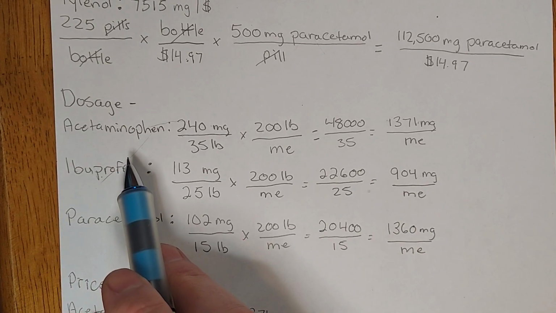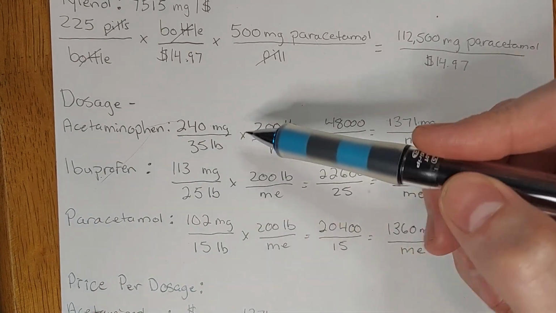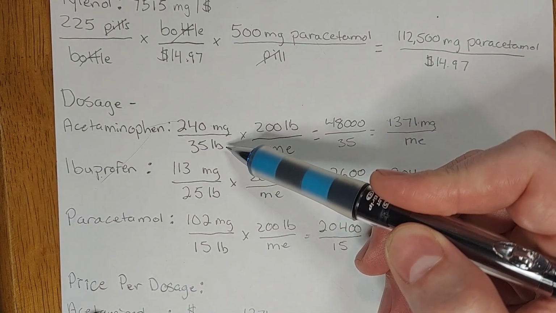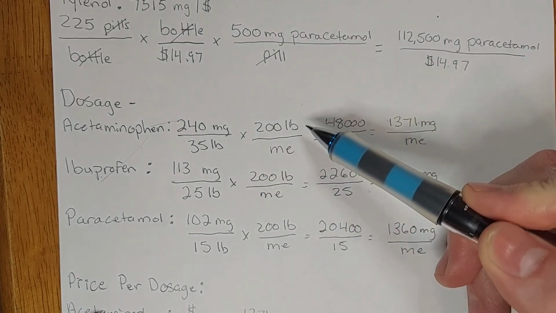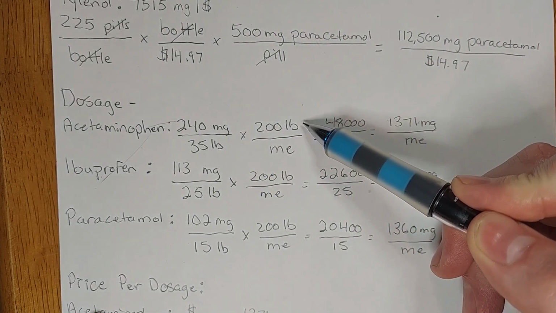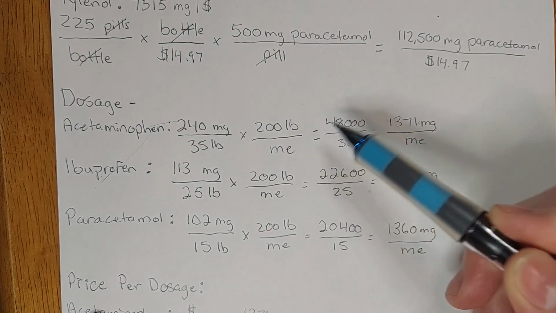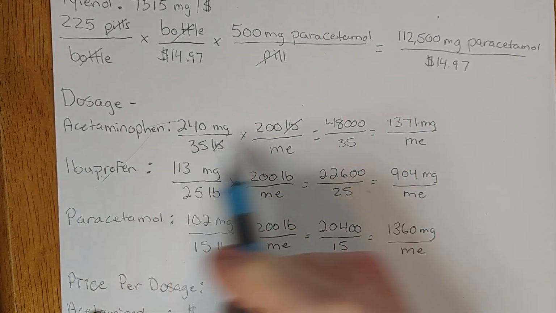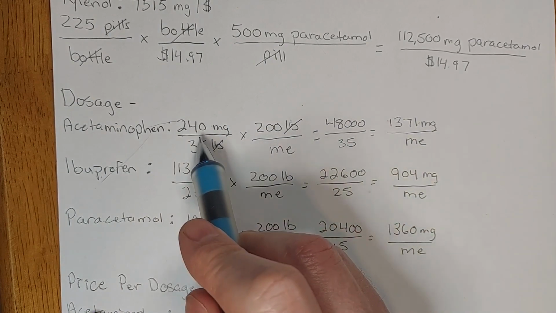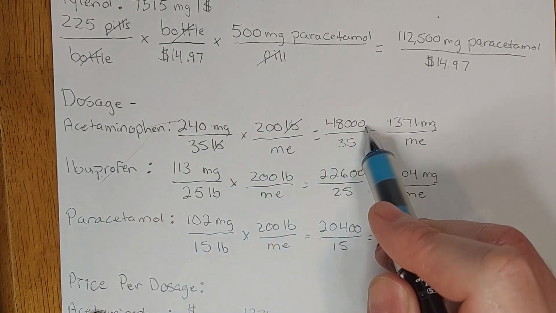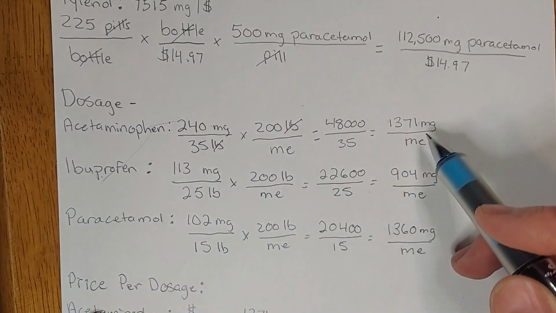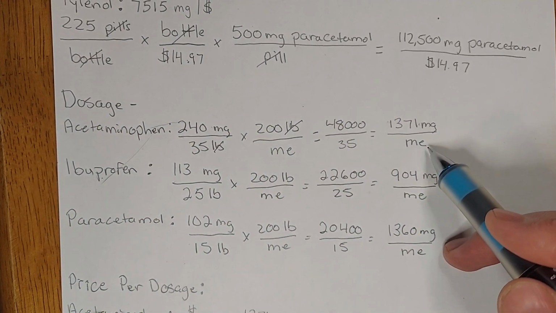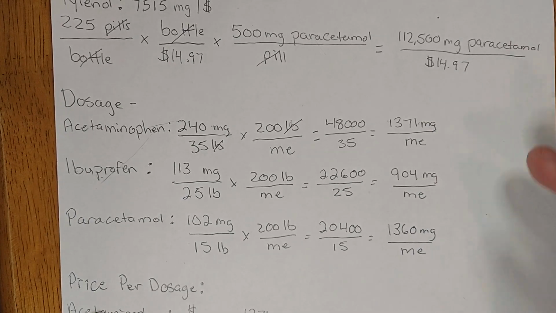So for acetaminophen, we have 240 milligrams for 35 pounds, and then me, I weigh 200 pounds. We put that over me, and we use that to eliminate the pounds conversion factor. And if we multiply across 240 times 200, we get 48,000 over 35, which gives us 1,371 milligrams for me. That is my dosage of acetaminophen.